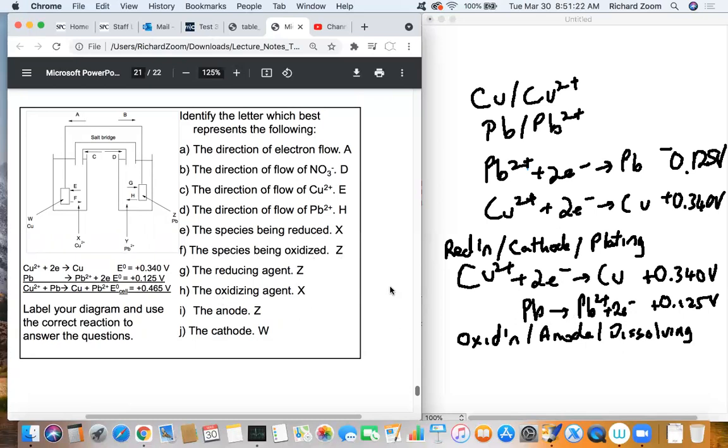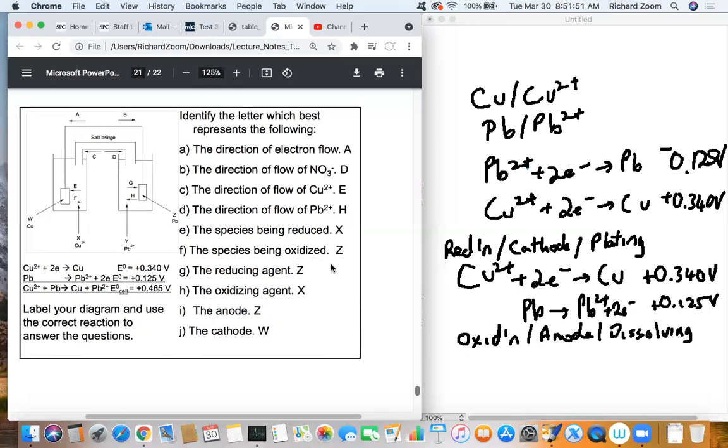Likewise, the species being oxidized is the lead. Why is it being oxidized? It's being oxidized because it's giving up electrons. It's giving up electrons because the copper 2 plus is accepting them. And the copper 2 plus then becomes the oxidizing agent. But the bottom line here is that the species being reduced will always be the oxidizing agent, and the reducing agent will always be the species being oxidized.